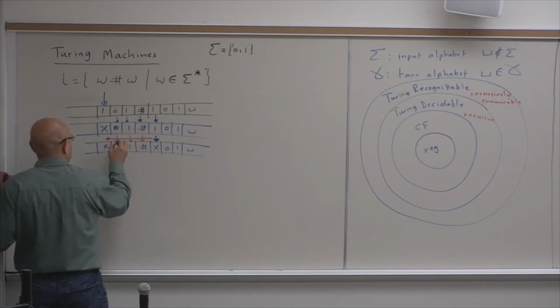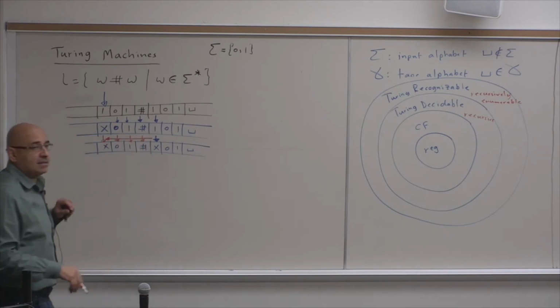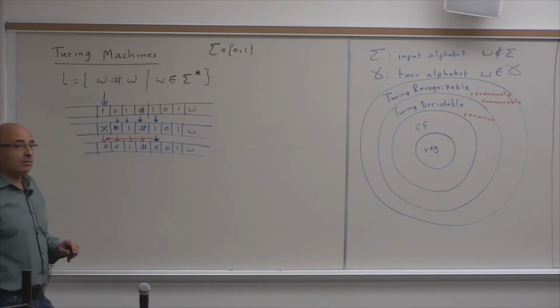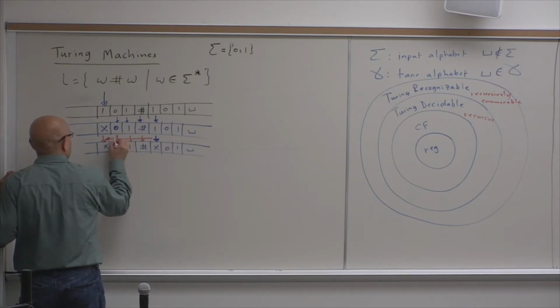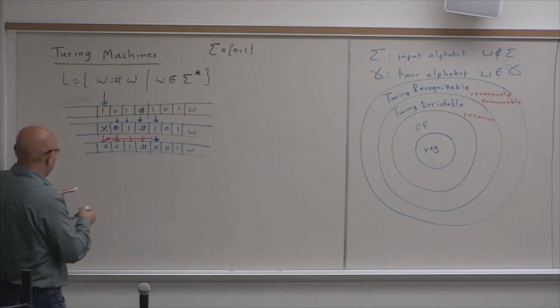Is this an X? No. Is this an X? Yes. When it finds an X, it should go right. Now this is our next symbol to check, and it's a 0. So it's going to mark it.